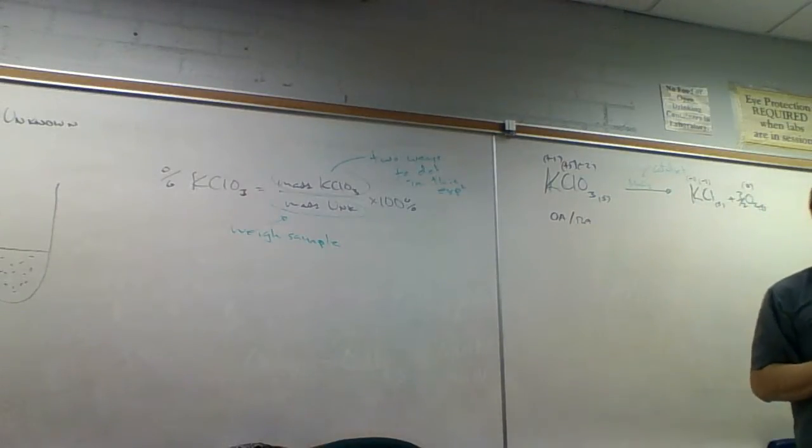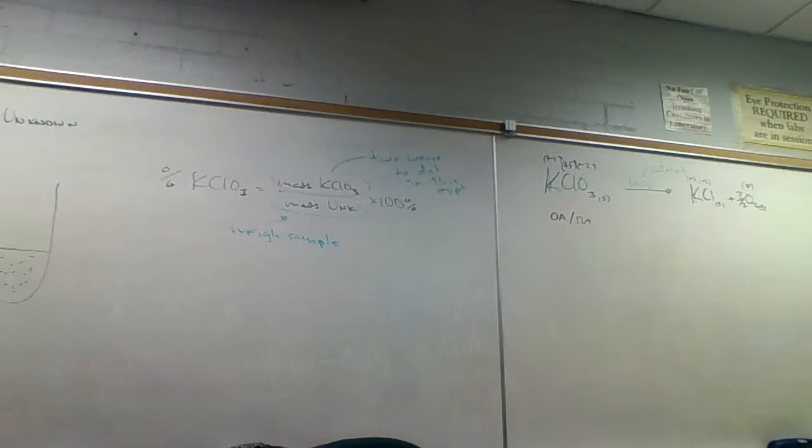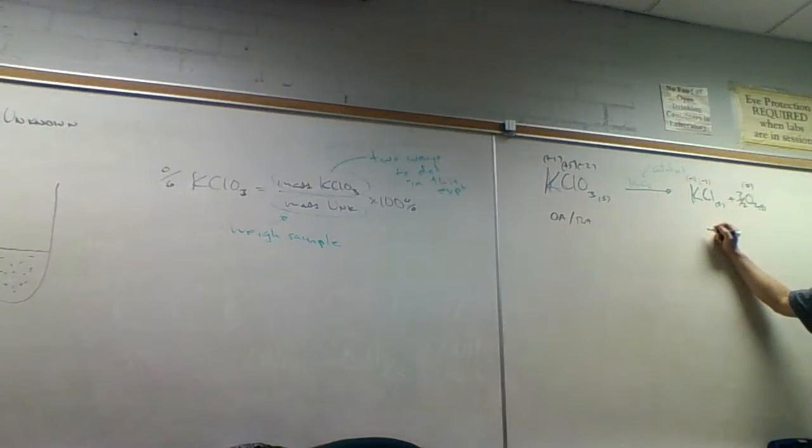Which means that potassium chlorate, is that a stable compound? No, it's not terribly stable, right? And so it's something that is potentially reactive. What is KCl? What would you call that? The reducer or the oxidizer?